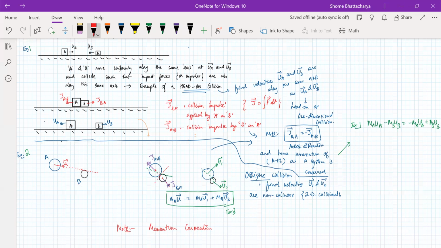The principle of linear momentum conservation applies to all collisions. As we go along, we'll discuss more types of collisions and the various techniques applied, and the classification of collisions into different categories, etc. So today we will start with the simplest of the collisions.